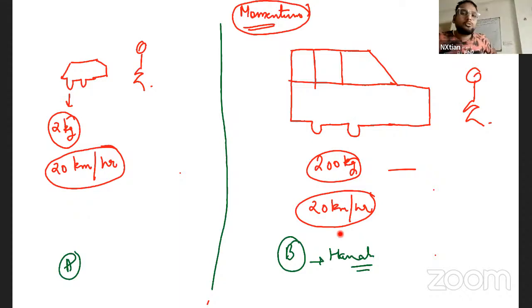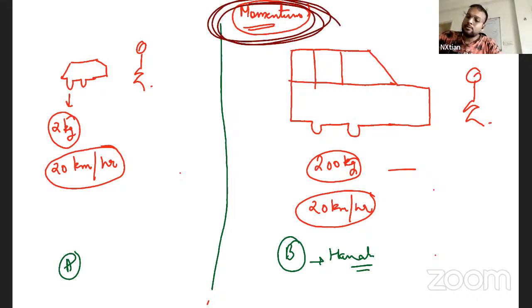More mass. So from this, what can you get? Both have the same velocity, but this one will give a greater harm than this because of the term called momentum.